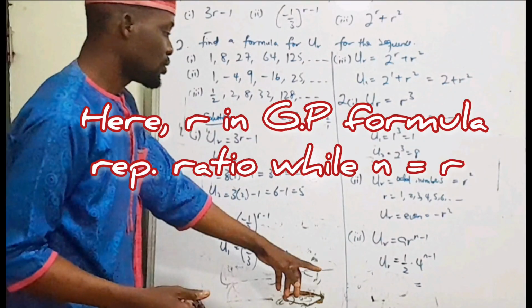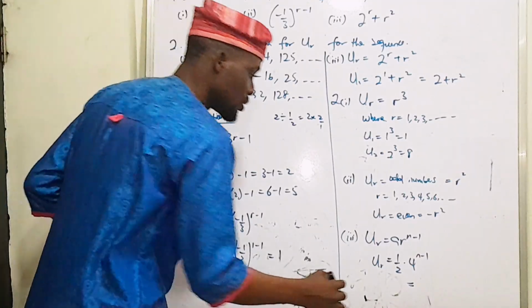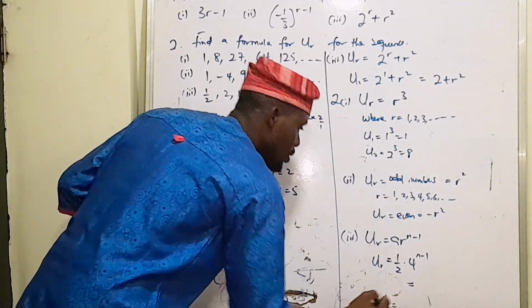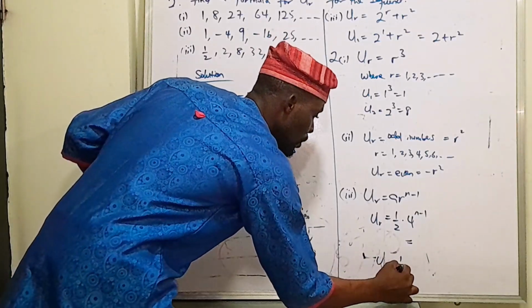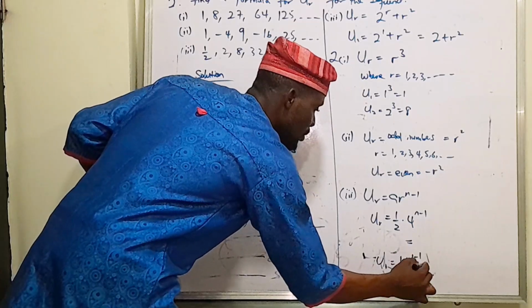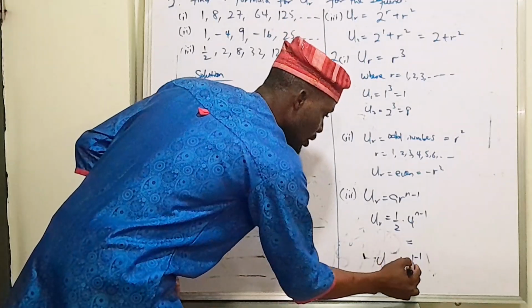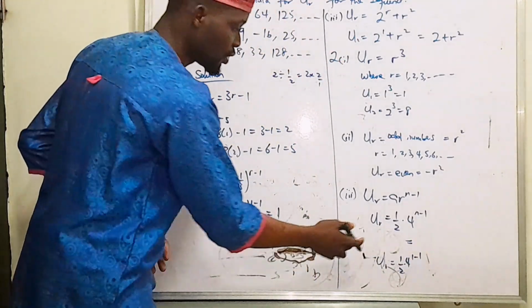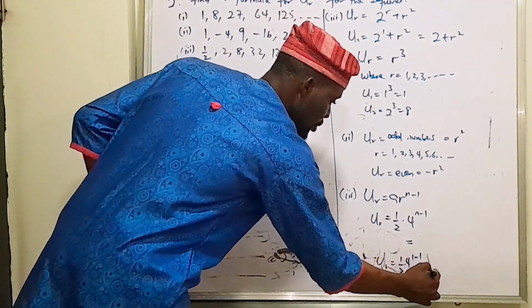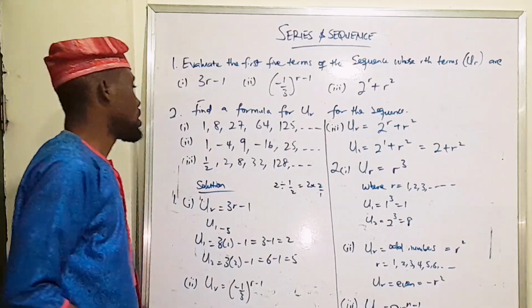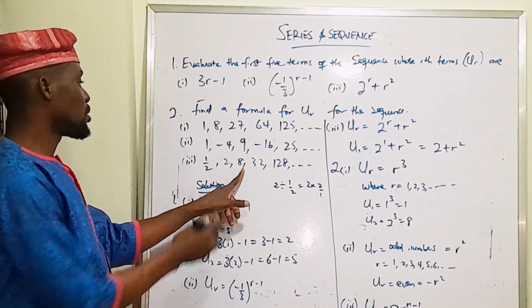To test, U1 becomes 1 over 2 times 4 raised to power 1 minus 1. 1 minus 1 there is 0, 4 raised to power 0 is 1, times 1 over 2 gives me 1 over 2 back.